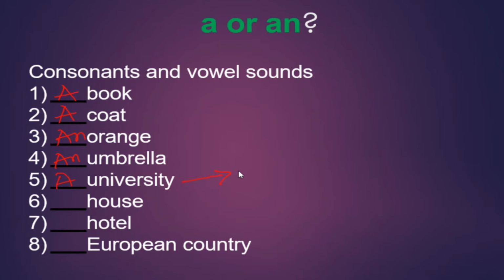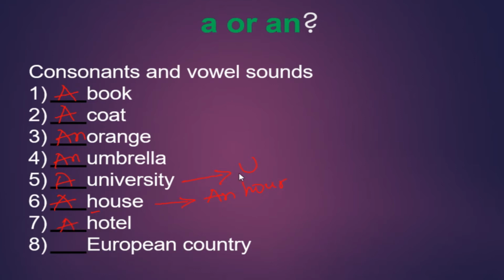Because when the sound is like u, we have to use a. And house, a house. If the sound is like a consonant, it will be a, but sometimes h remains silent, like an hour. Okay, this way, like a hotel but an hour.